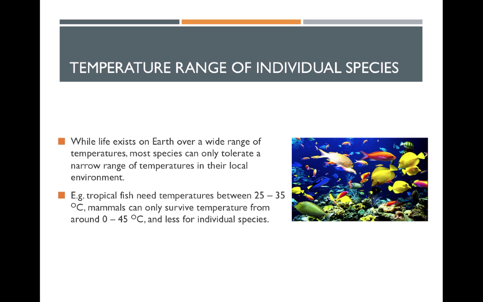So for example, tropical fish need temperatures between 25 to 35 degrees Celsius. Mammals can only survive generally between 0 to 45 degrees Celsius. That's probably the temperature range of most living things. But even some individual species cannot tolerate even that much of a change in the temperature. So the individual range for species is quite small in comparison.